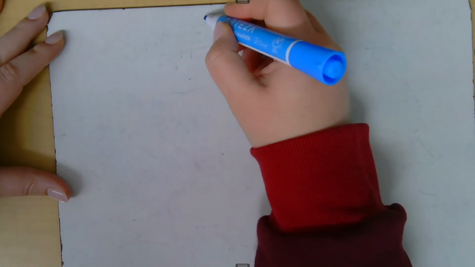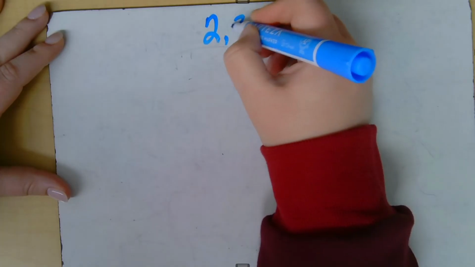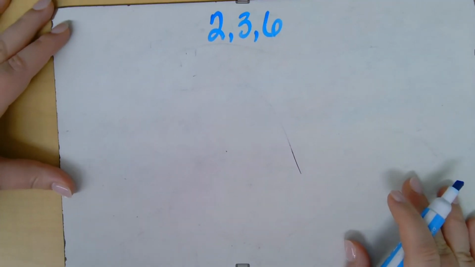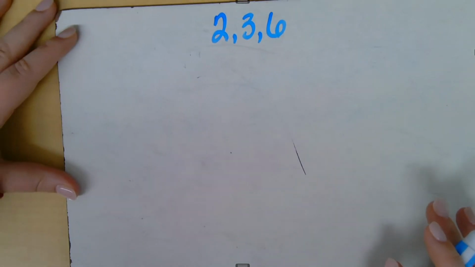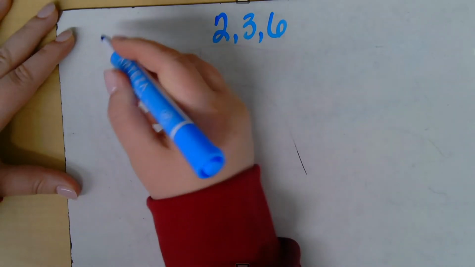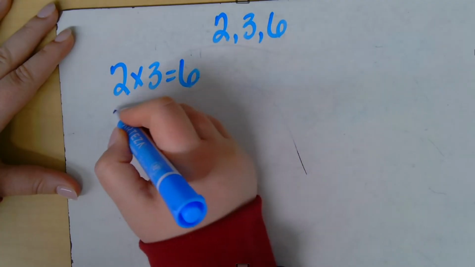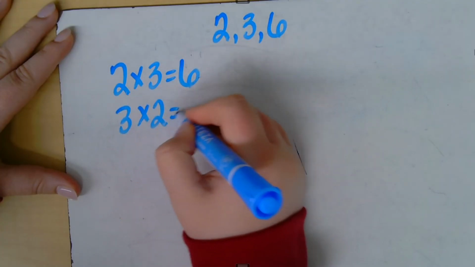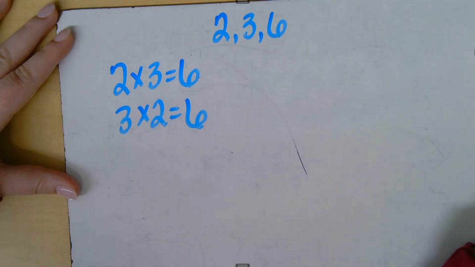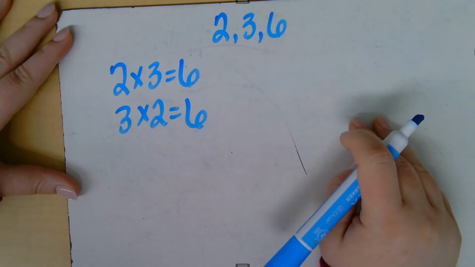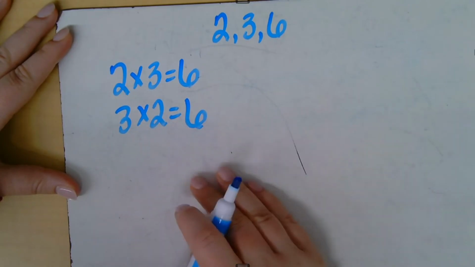So if I say, ooh, I have a fact family, and the family members are 2, 3, and 6, and I say, create multiplication and division sentences using that. Well, okay, I know 2 times 3 equals 6, and 3 times 2 equals 6, correct? Okay, well, don't panic, because multiplication and division are related. They come from the same fact family.